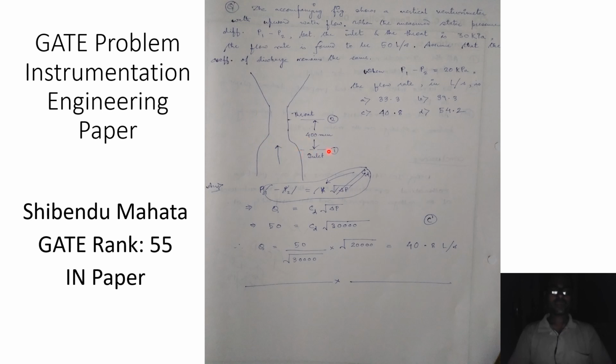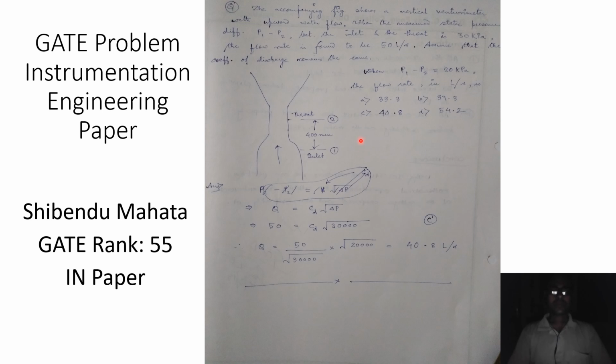So you take one measurement for the pressure at this point, the inlet, and the other one right at the throat, and the distance between these two is mentioned as 400 millimeter, and the pressure drop between these 2 points will be delta P, or in other words this is P1 minus P2. So P1 is the pressure at this position and P2 is the pressure at the throat.